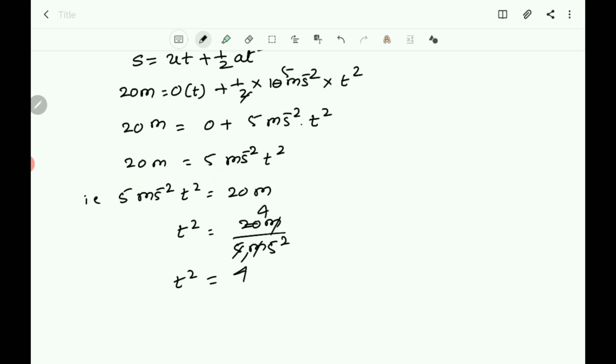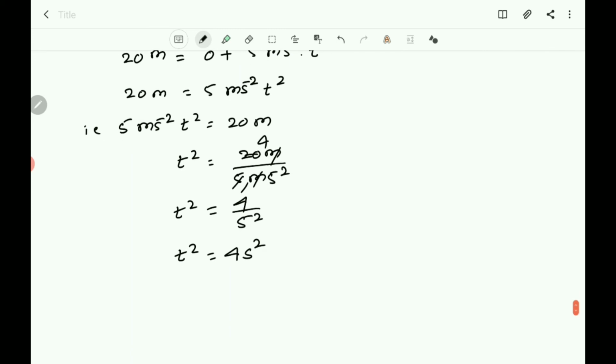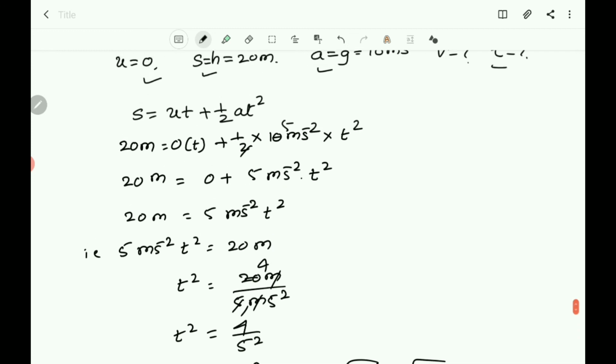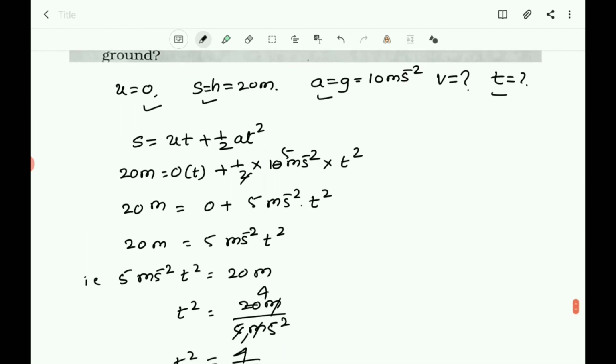So it is 4 s square. Therefore T square is equals to 4 s square. If you take root on both the sides, T is equals to 2 s. So you can say that after 2 seconds it strikes the ground.